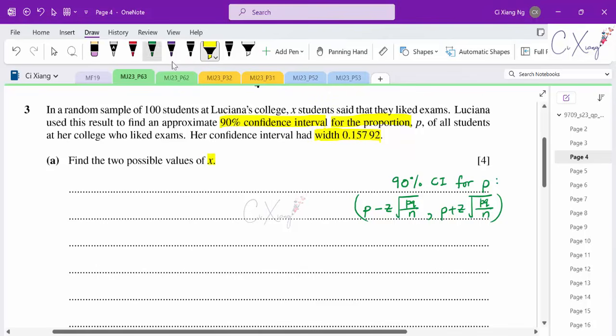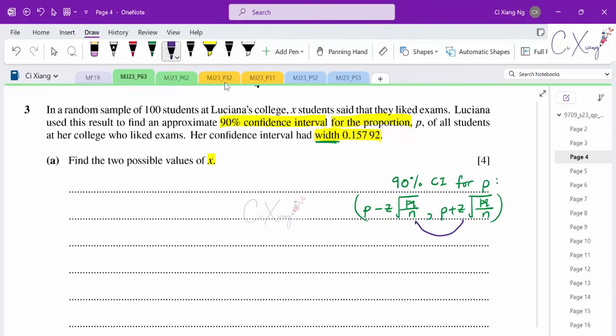How can I get the width of this confidence interval? To get the width, you take the upper limit minus the lower limit. Therefore the general formula for the width of this confidence interval for proportion is 2Z square root PQ over N.